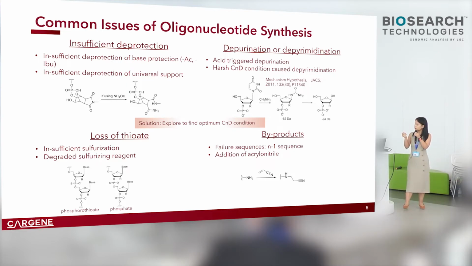And also a very important thing, maybe not many people know, you need to explore optimum cleavage and deprotection conditions. It cannot be too harsh, so that you degrade your expected sequence. It also cannot be too mild, so that you wouldn't be able to deprotect all the protecting groups of your sequence. So this is one important part.